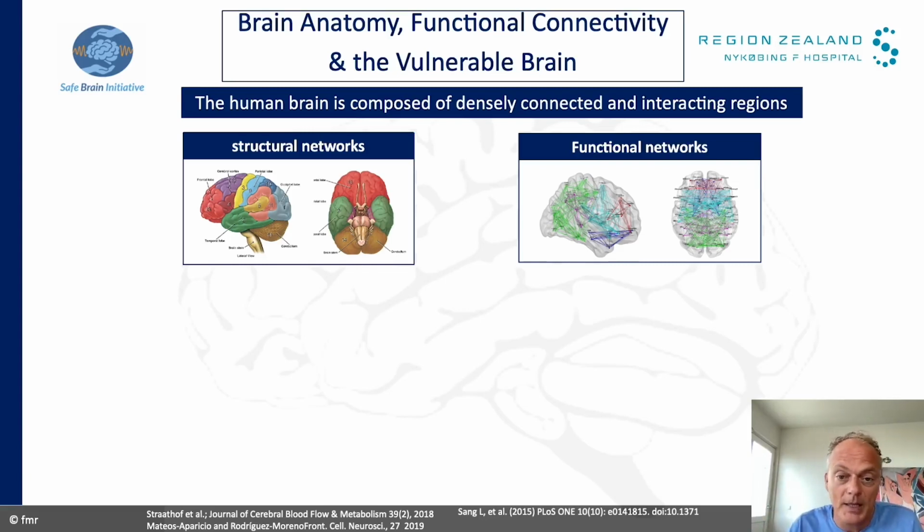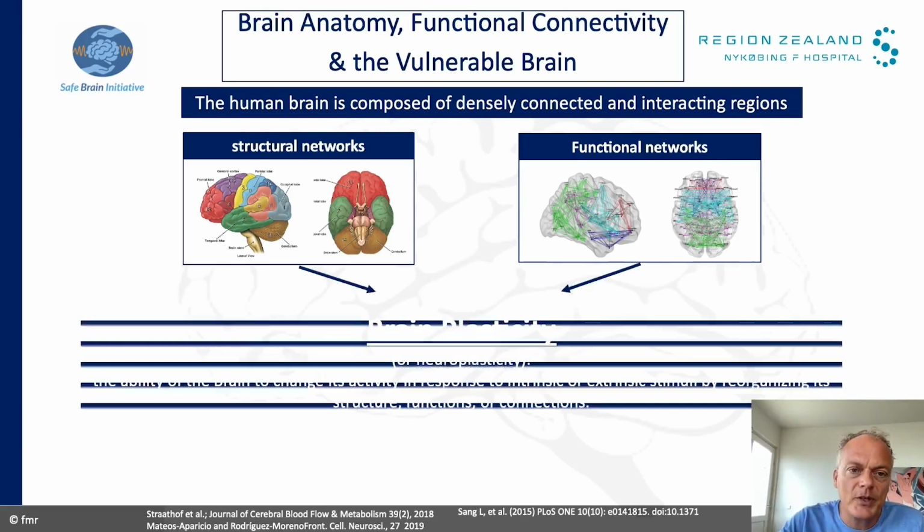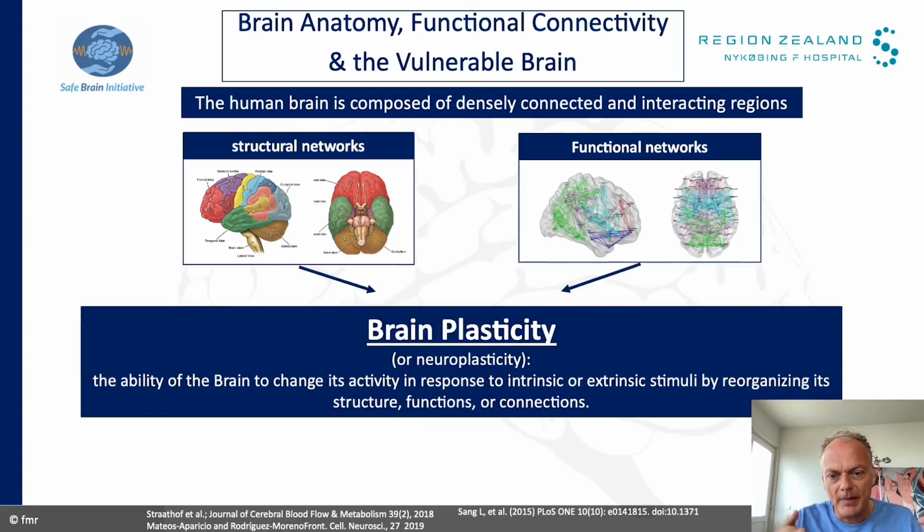Even when we're asleep, there are still always these default information loops ongoing. If you summarize both of them, they make up the brain plasticity, or the robustness of your brain.